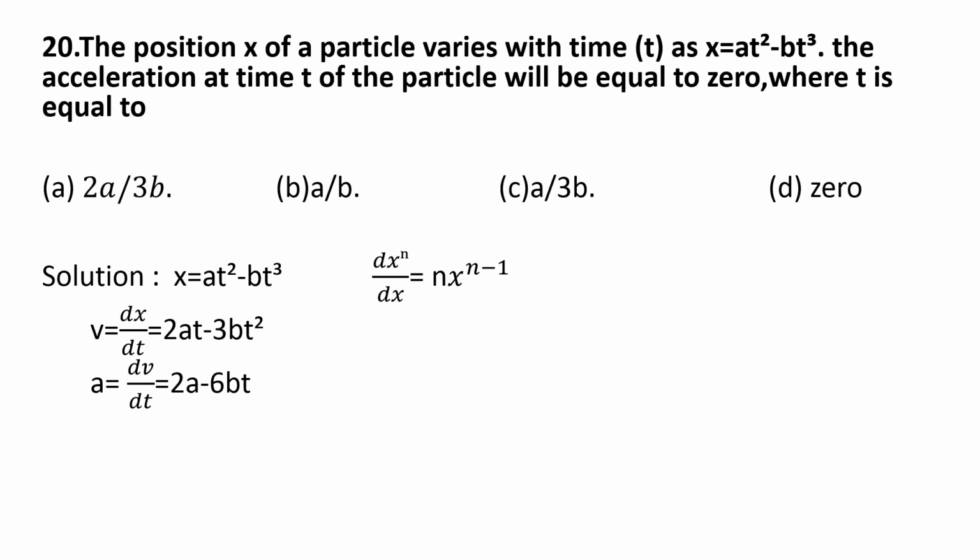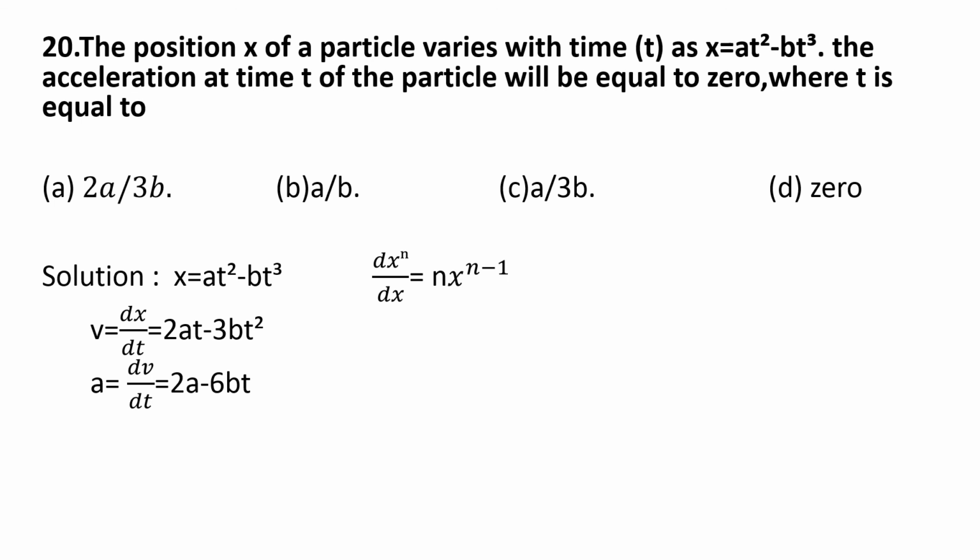While multiplying that 2t into this 3b, which gives 6bt. So the acceleration equation you got is 2a minus 6bt.